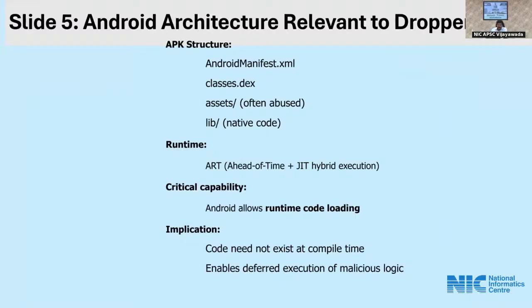Then it creates an instance of the DexClassLoader, passing the path to that file. Then, using reflection, we would cover all these concepts in further webinars, because the class names are not known at compile time, it loads a specific class from that file and calls a method, usually something like start or init.